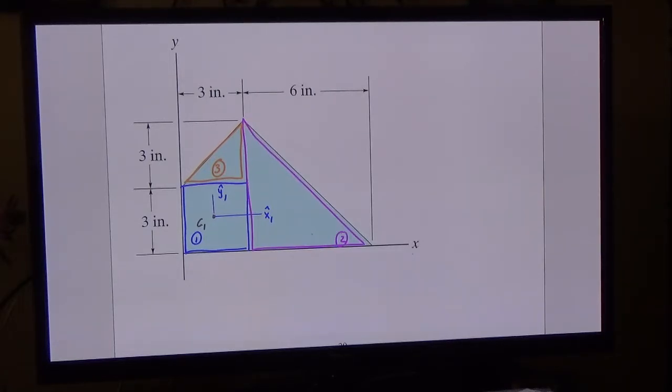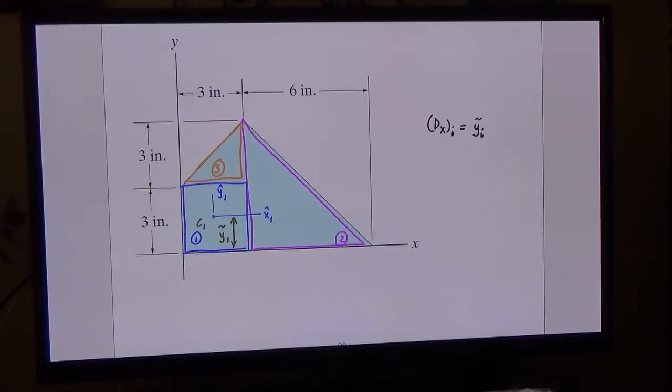So notice I want the distance between, for part 1, x1 hat and x. That distance I've already calculated. It's what we call y tilde. Right, the y location of the part's centroid. And for the other parts, it's going to be exactly the same. So I can get that dxi is just equal to yi tilde.